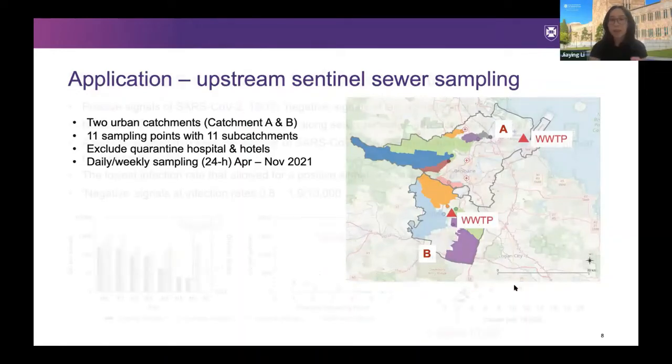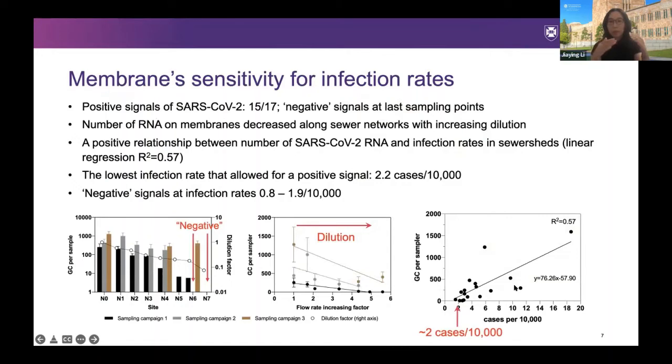During our study, the infection rates ranged from 0.8 to 18.9 cases per 10,000 people. And each infection rate has a specific concentration level of SARS-CoV-2 that we detected from the membrane. And for the sampler that has a corresponding infection rate of 2 cases per 10,000 people, that is the final sampler from which we can detect the positive signals of SARS-CoV-2.